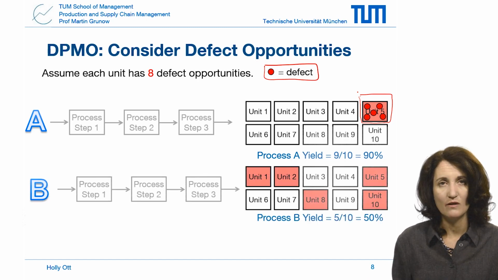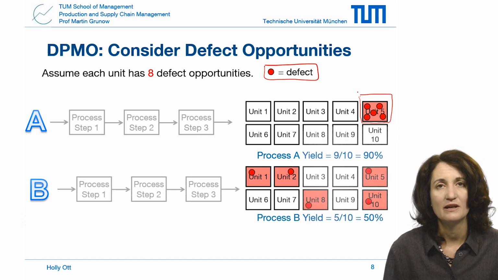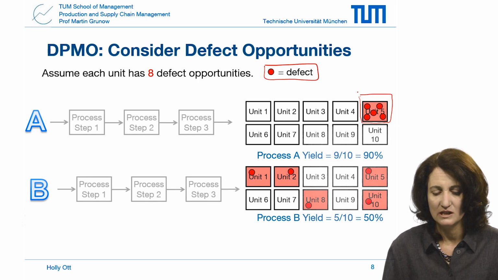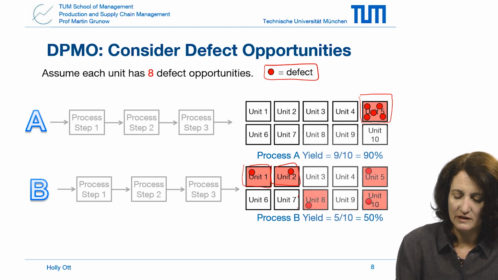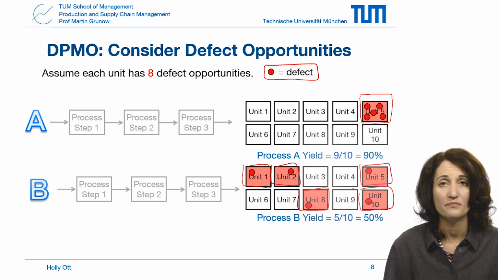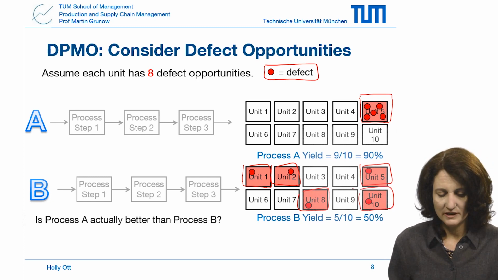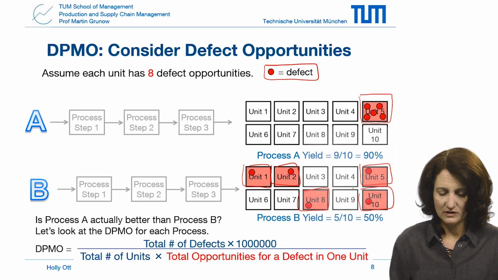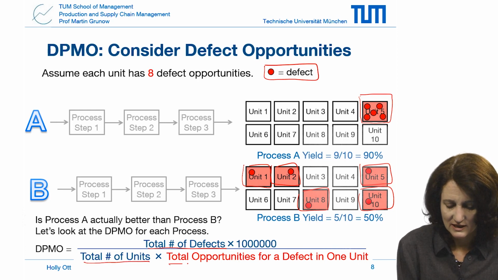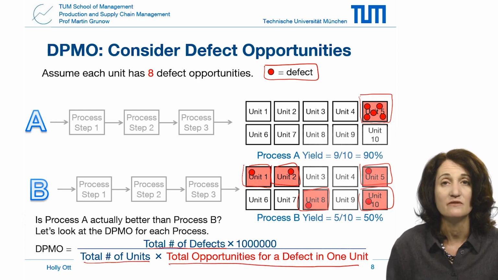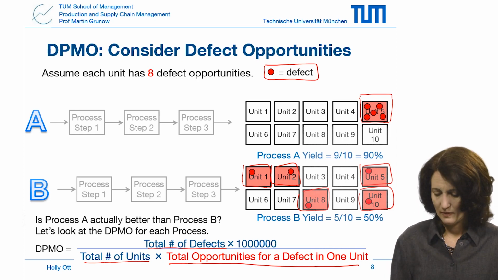For process B, however, we see that the defects are actually on each of the defective units. Each of these defects caused a defective unit, but they all occurred on different units instead of all in the same one. So if you look at the DPMO for this, don't forget DPMO is the total number of defects times 1,000,000 divided by the total number of units times the total opportunities for defect in one unit.